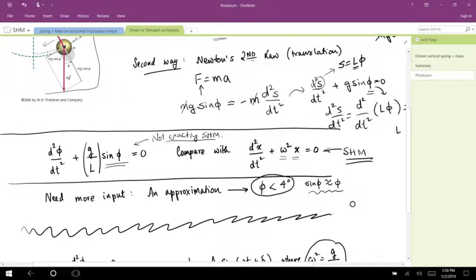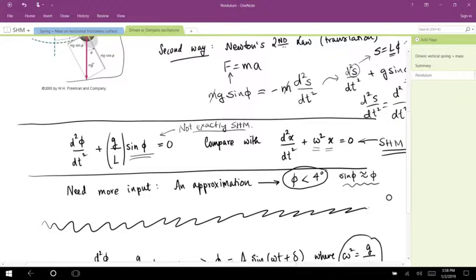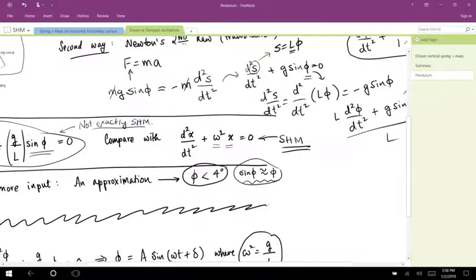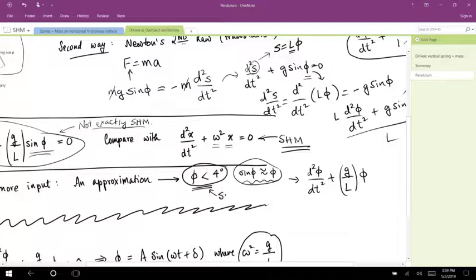So with this approximation, if I now plug this into my original equation, then the new equation that I will get would look like d2phi/dt2 + g/L. And remember, I'm approximating sine phi by phi, and this is only possible for phi smaller than 4 degrees. So this is often called a small angle approximation.